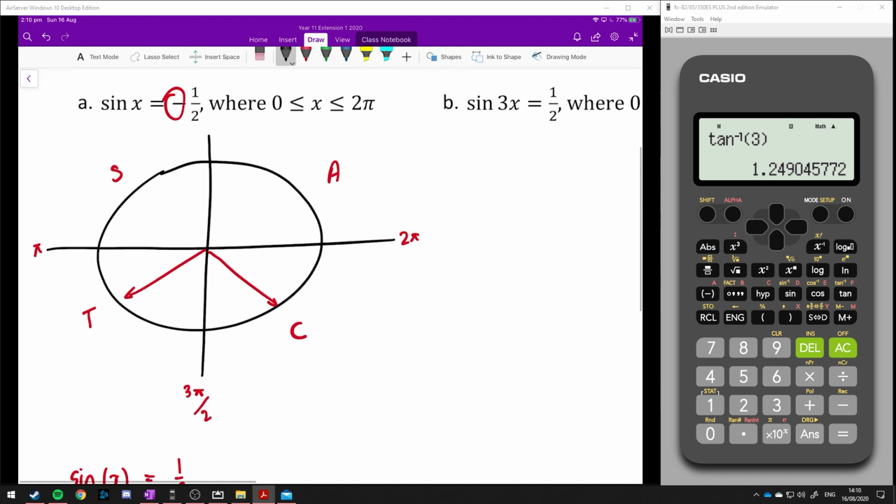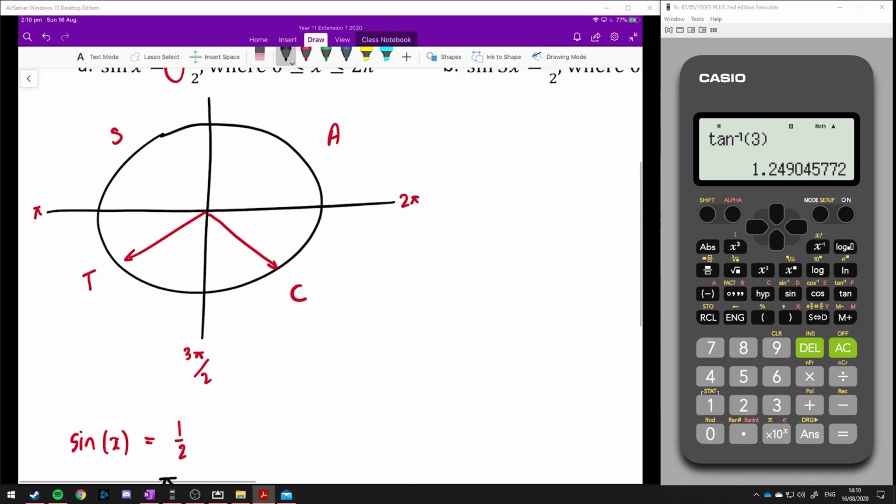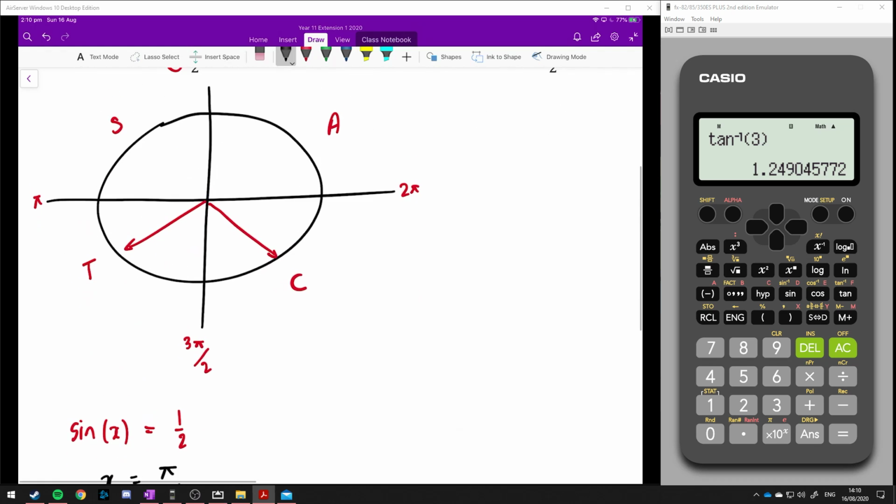So pi on 6 in the third and the fourth quadrant. Pi on 6 is the same as 30 degrees, so 30 degrees is here. So pi on 6 in the fourth quadrant is coming from here. And remember, we always measure from the horizontal, down or up. So my pi on 6 is coming that way from here.